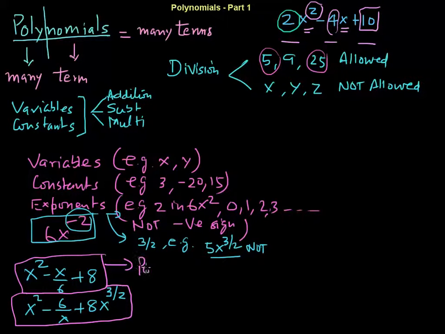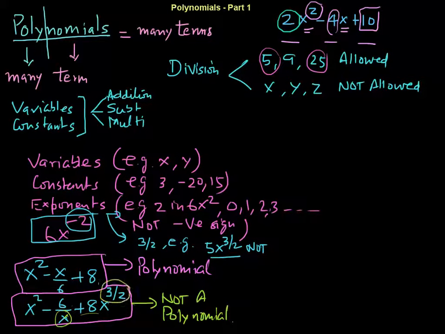The first expression is a polynomial, but the other one is not a polynomial. Why? Because here we have x by 6, which is permitted because 6 is a constant, but here we have 6 by x, which is not permitted because x, a variable, is coming in the denominator. A variable in the denominator is not allowed, and the power 3 by 2 is also not allowed.